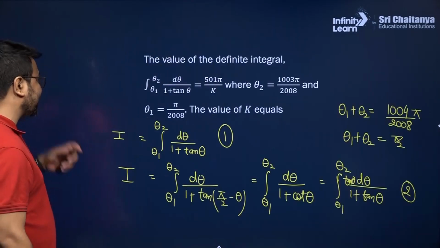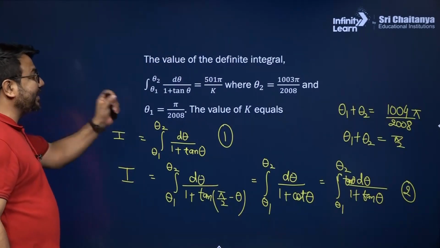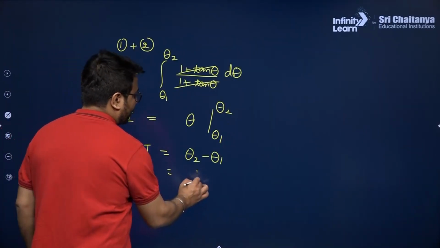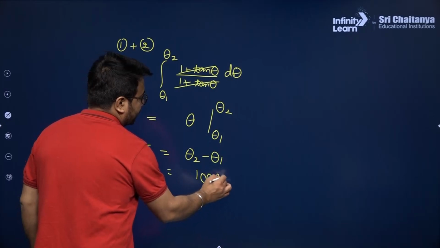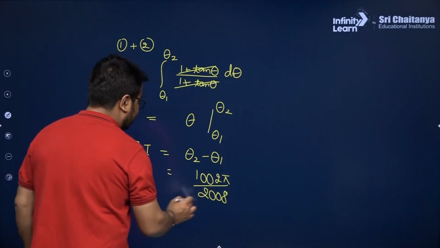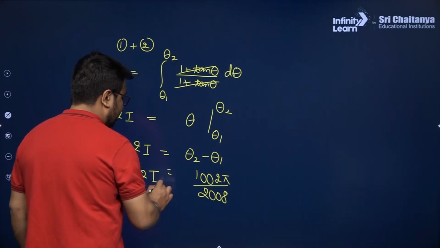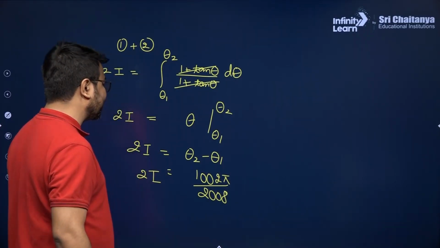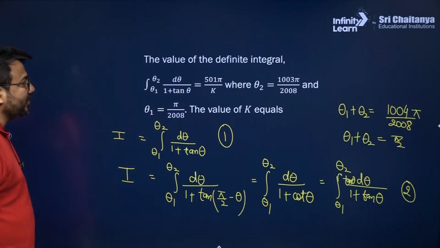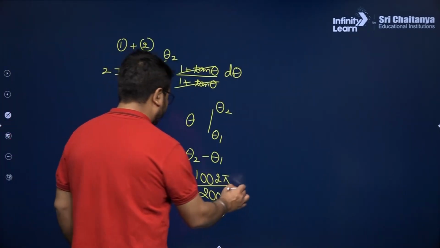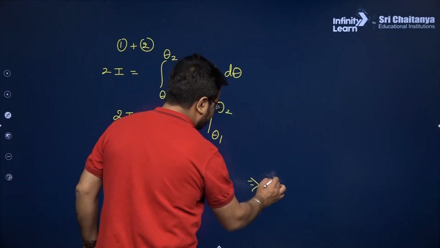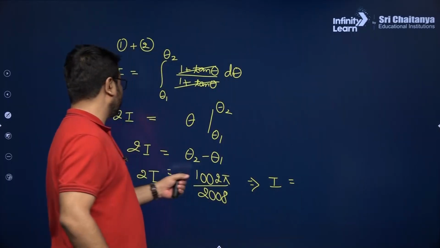So let us subtract these two values. It will be 1002 pi upon 2008, 1002 pi upon 2008, and here we have 2I. So using this, I can easily get the value of I from here, because they had told us to get the value of I. So the value of I will be 1002 upon 2.